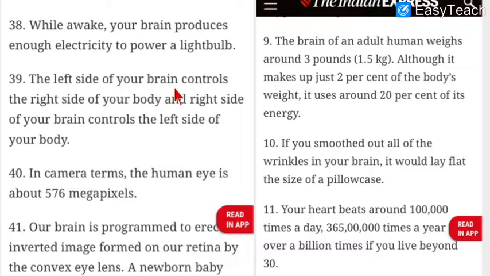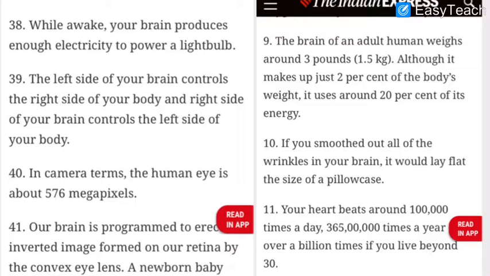The left side of your brain controls the right side of your body, and the right side of your brain controls the left side of your body. Don't you think this is very interesting to listen to and understand? Just imagine, the right part of your brain controls the left of your body, whereas the left part of your brain controls the right part of the body.